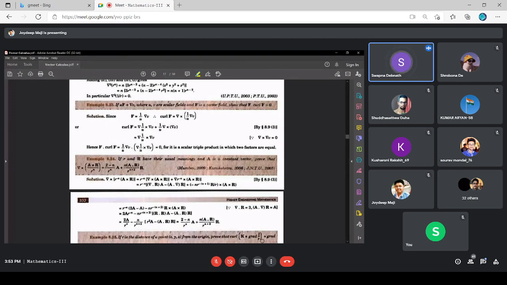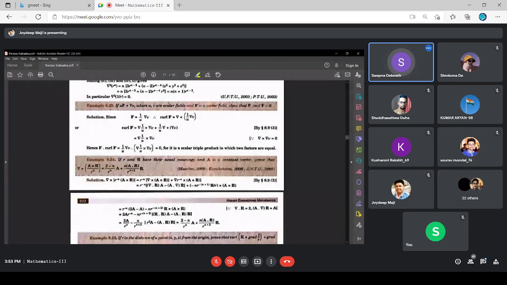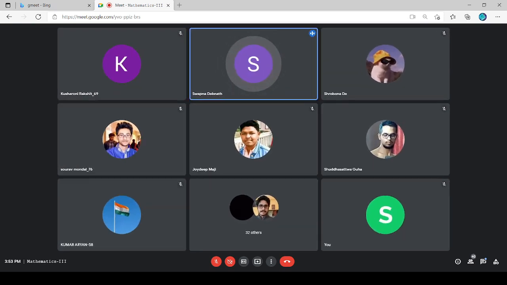And the gist is, first we have defined what is scalar function, what is vector function. Then we have found the differentiation of a vector function.